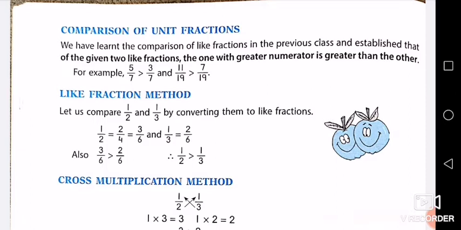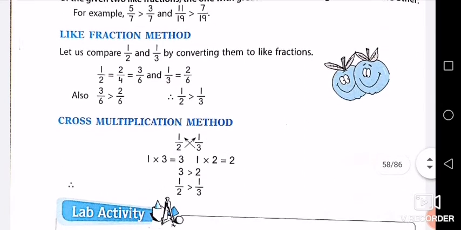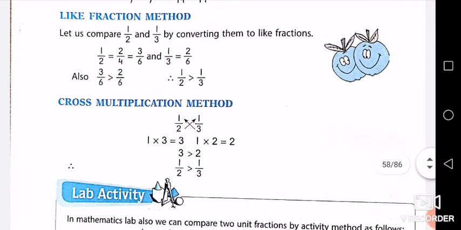So here we can see that 3 by 6 is greater than 2 by 6, it means 1 by 2 is greater than 1 by 3. So let us understand this, what is like fraction method and what is cross multiplication method. So let's start with the like fraction method.